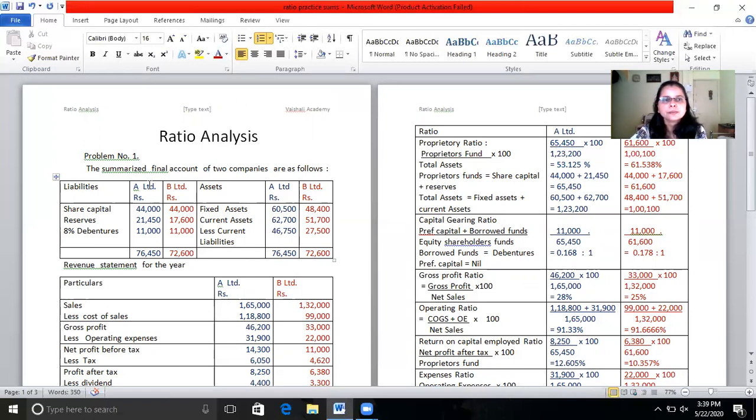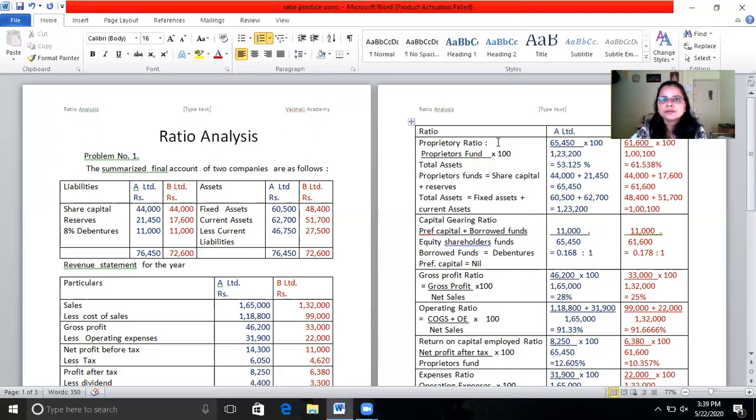Same way, in case of B Limited, proprietor funds equal 44,000 plus 17,600, that is 61,600, and total assets equal 48,400 plus 51,700, that is 1,00,100.